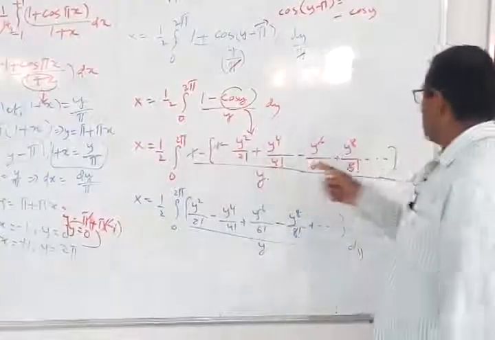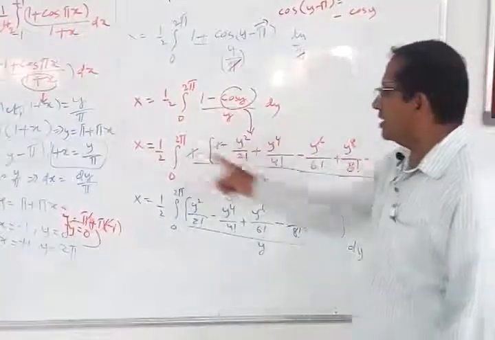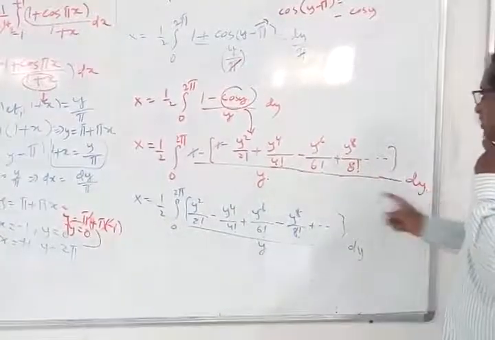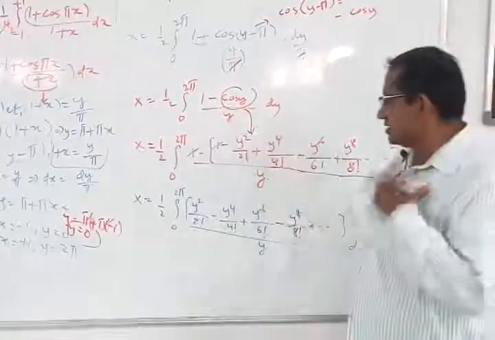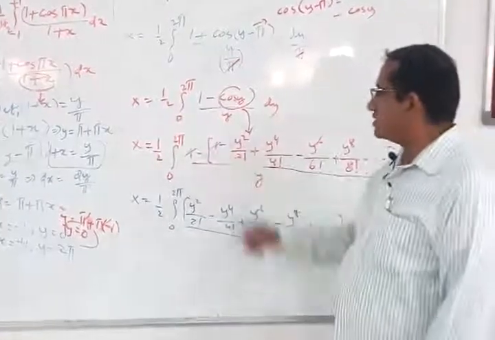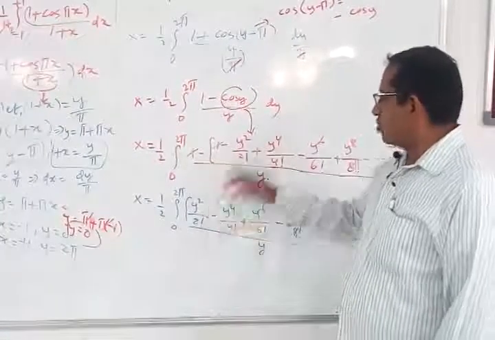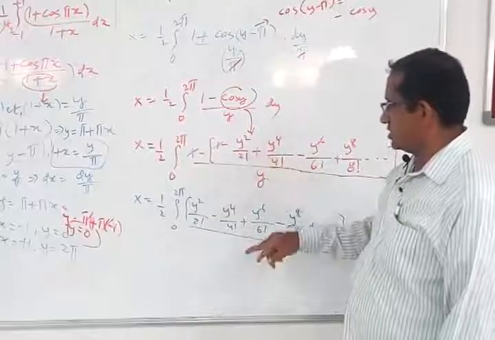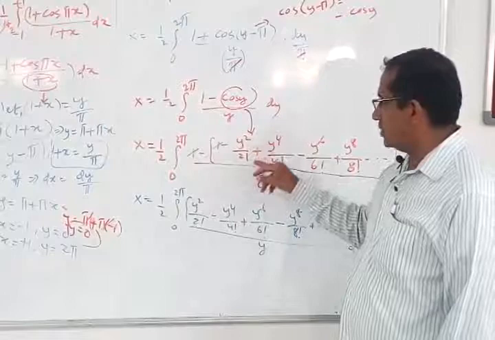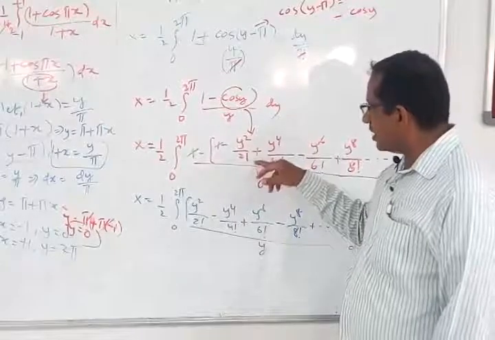So this is the entire equation I will be getting, and I will be integrating this with respect to y, divided by y as it is. So after this, 1 will get cancelled. This is minus into minus plus, so all these signs simply will get interchanged. That means earlier it was 1 minus y square by 2 factorial.